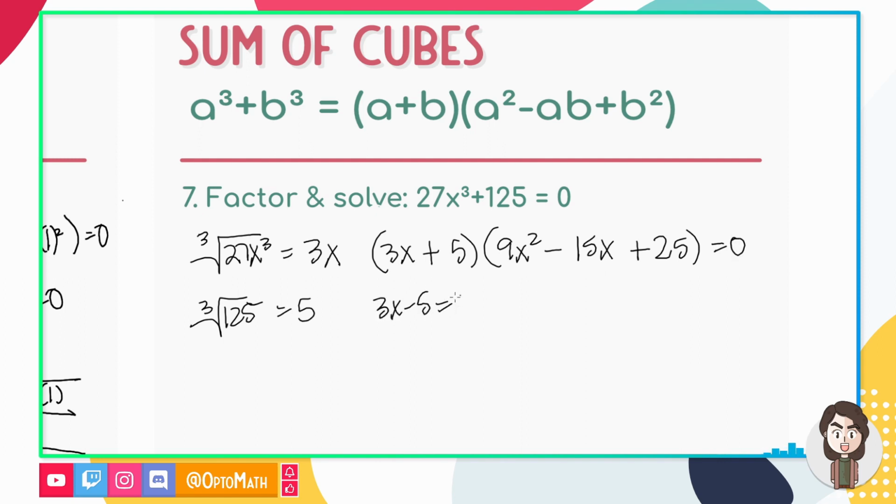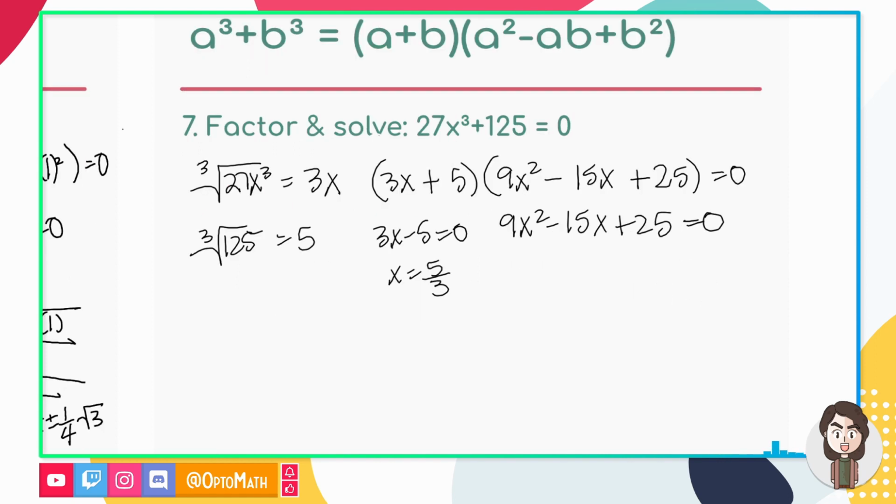3x minus 5 is 0. Add 5 to both sides and divide by 3, you get 5/3. And let's look at this one. 9x squared minus 15x plus 25 equals 0. With this second factor, if you graph it, you will see that it does not cross the x-axis, so it has imaginary solutions, so you would need to use the quadratic formula.